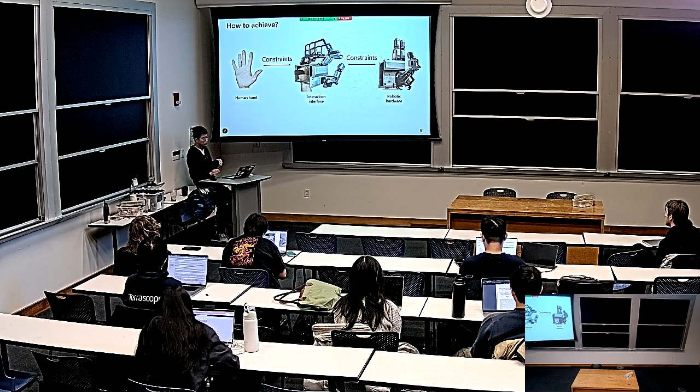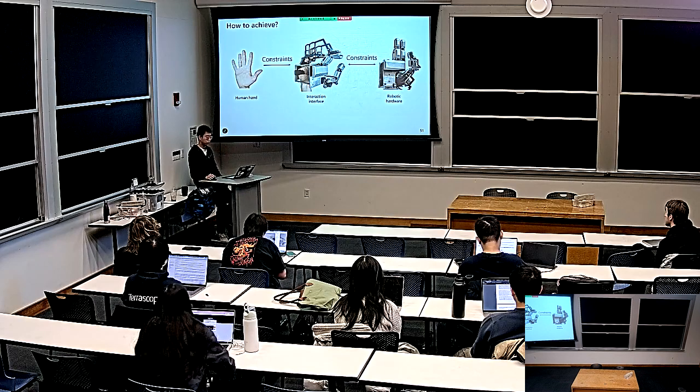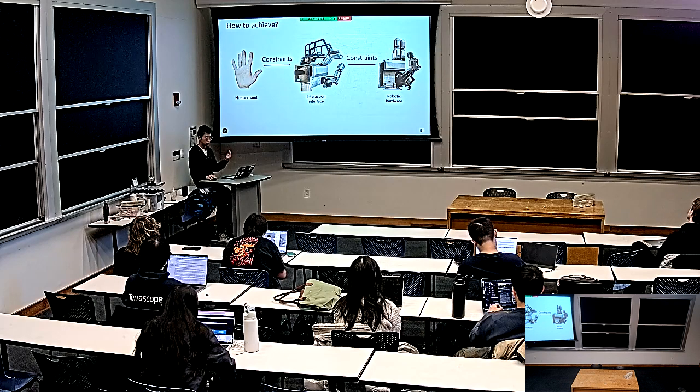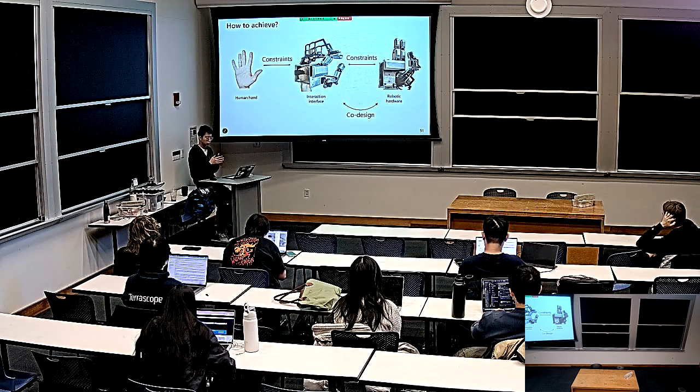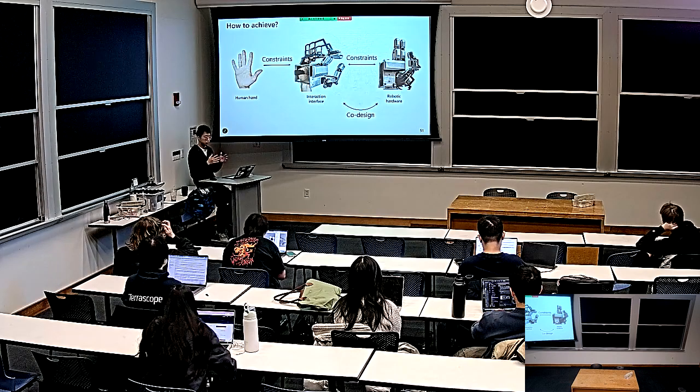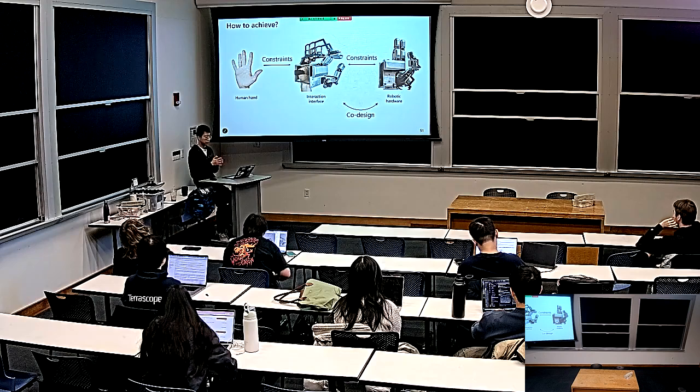So when we build the interaction interface, you actually have constraints from both the human hand and the robot hardware. And since we cannot adjust our human hand, we cannot just cut off some fingers, we need to have a co-design of robotic hardware and interaction interface so that both of these two hardwares can comply with the human hand better.